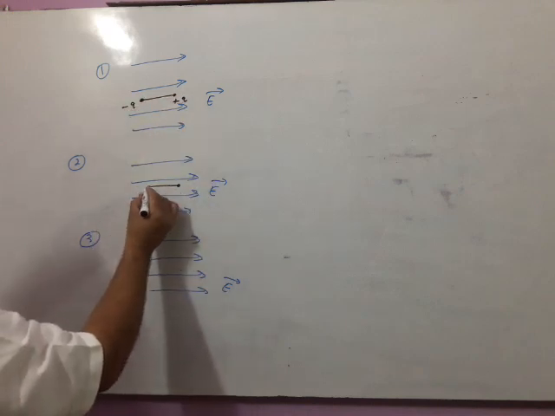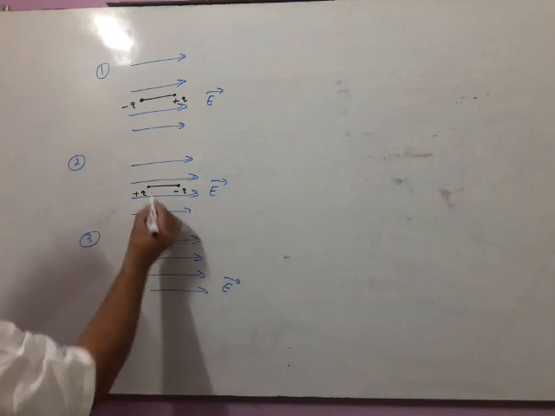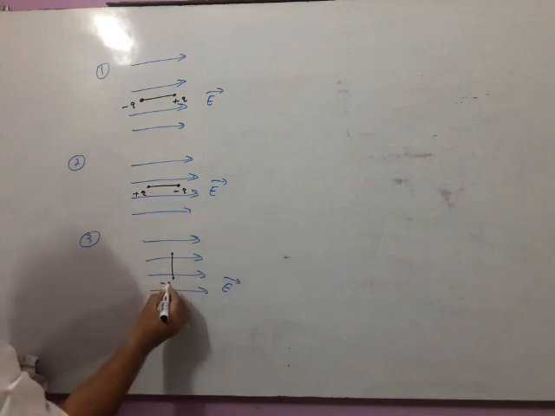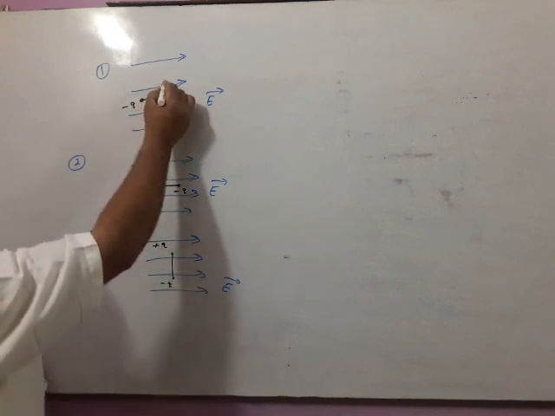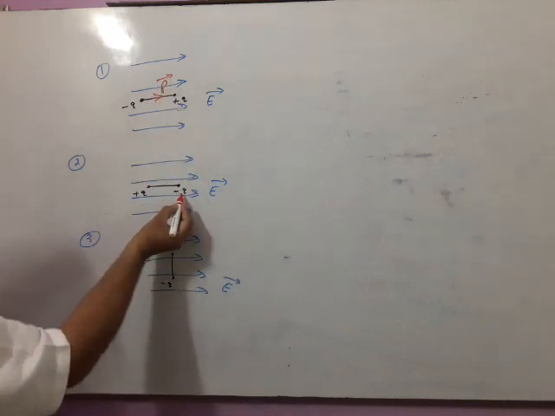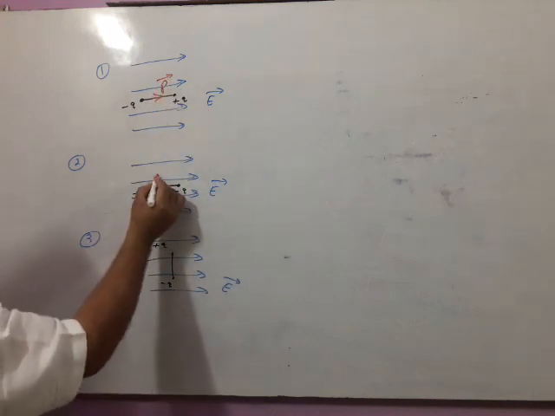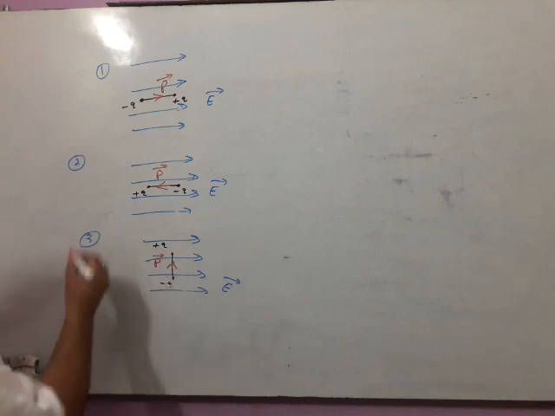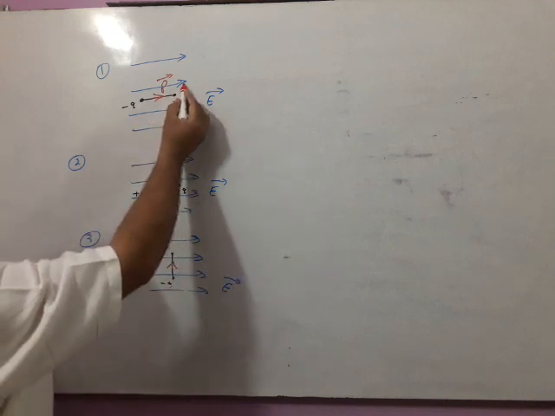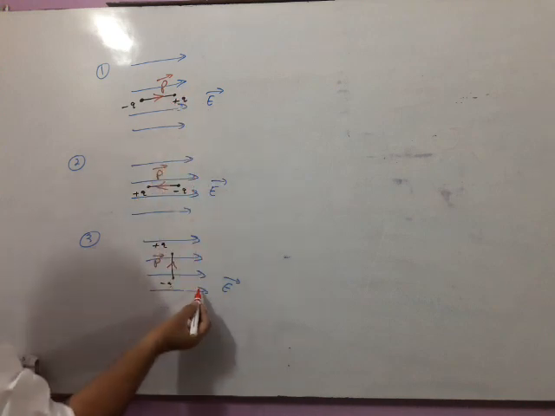Focus on where plus q is placed, where minus q is placed. This is minus q, this is plus q. Point number 1, direction of p vector is minus q to plus q. Here minus q on the right hand side. Minus q to plus q, this is p vector. Minus q to plus q, this is p vector. Electric field direction, left to right in all the 3 cases.